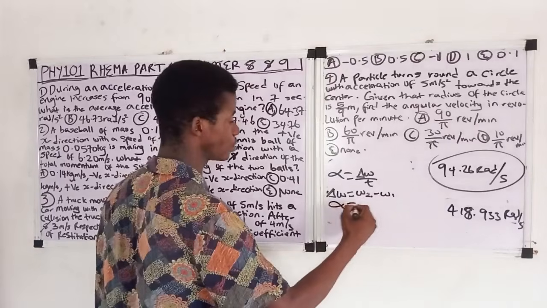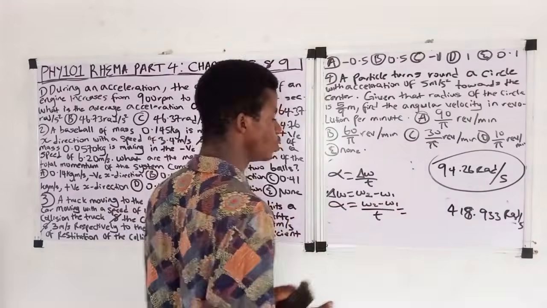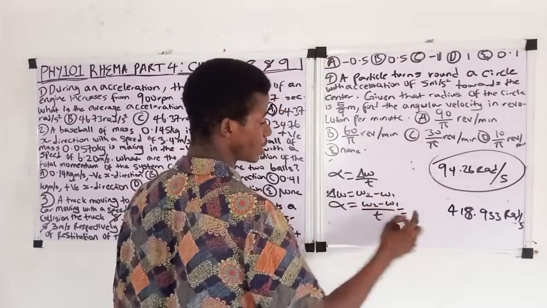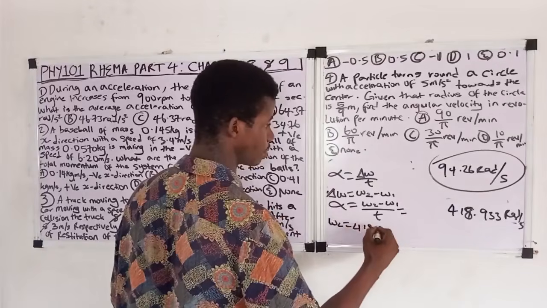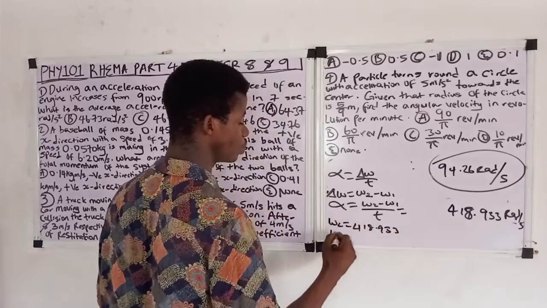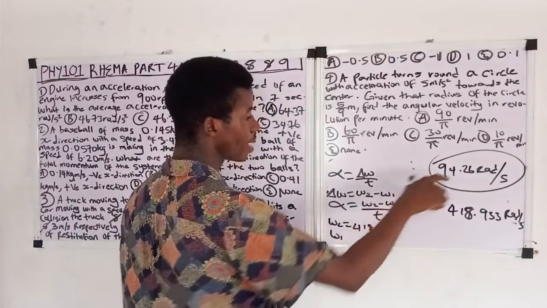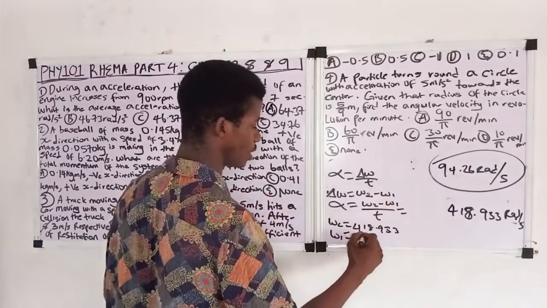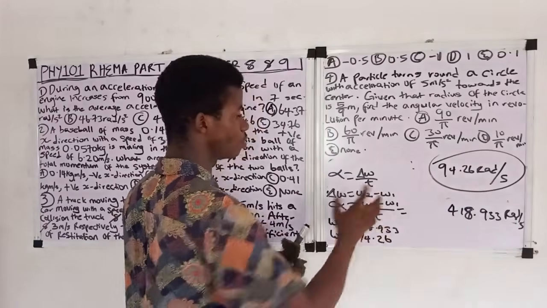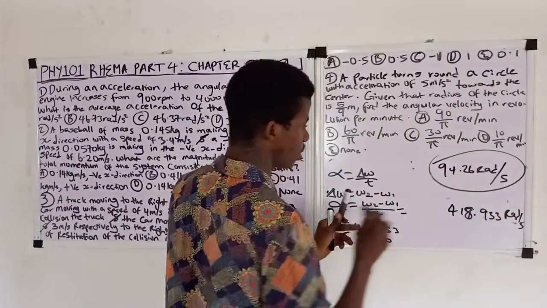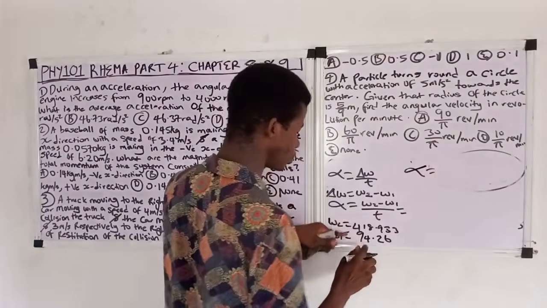So angular acceleration equals W2 minus W1 divided by T. Our W2 is 418.933 rad per second, and W1 is 94.26 rad per second. So let's input the values now. Our W2 is what?